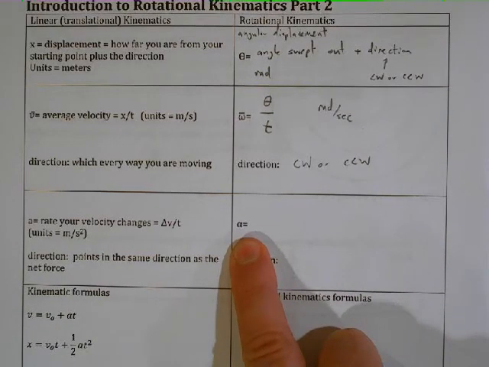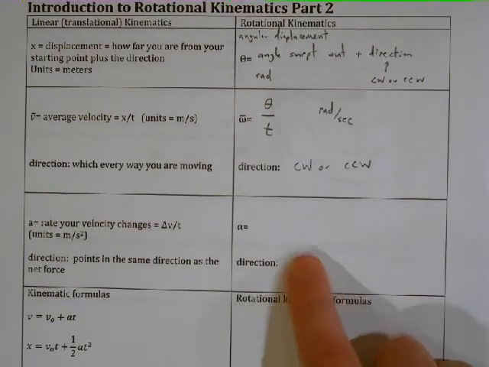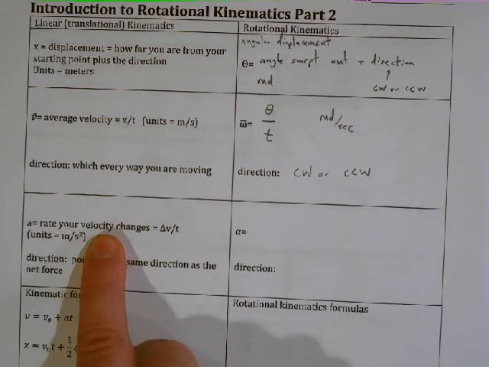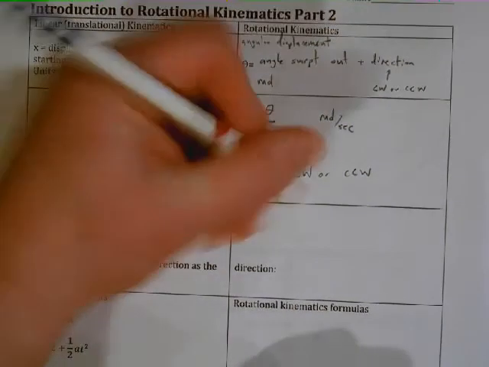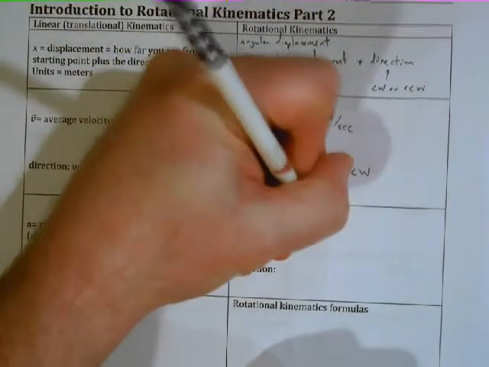Well, angular acceleration, and the symbol for it is a Greek symbol alpha. Okay, or some people call it fish, but it's the same deal. It's an alpha. Rather than the rate your velocity changes, it's going to be the rate your angular velocity changes.